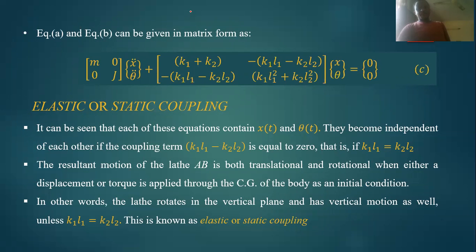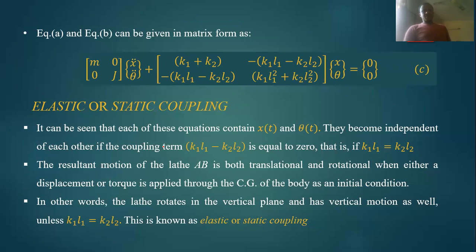This is the stiffness matrix: K1 plus K2, minus K1 L1 plus K2 L2, minus K1 L1 plus K2 L2, and K1 L1 squared plus K2 L2 squared, with x and theta equal to 0. So what is elastic or static coupling? That is the point we are going to see.